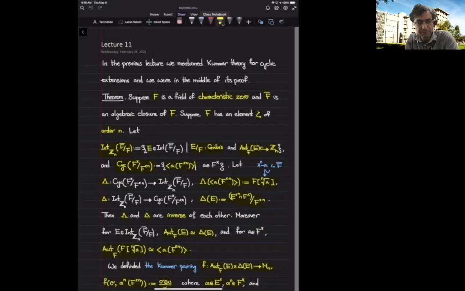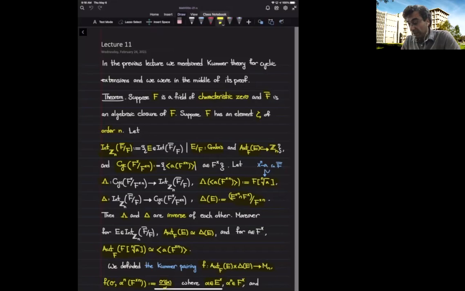From there, we can deduce that it has all the elements of order n inside the base field F. So let's go through the statements and see what is the exact formulation of the result.